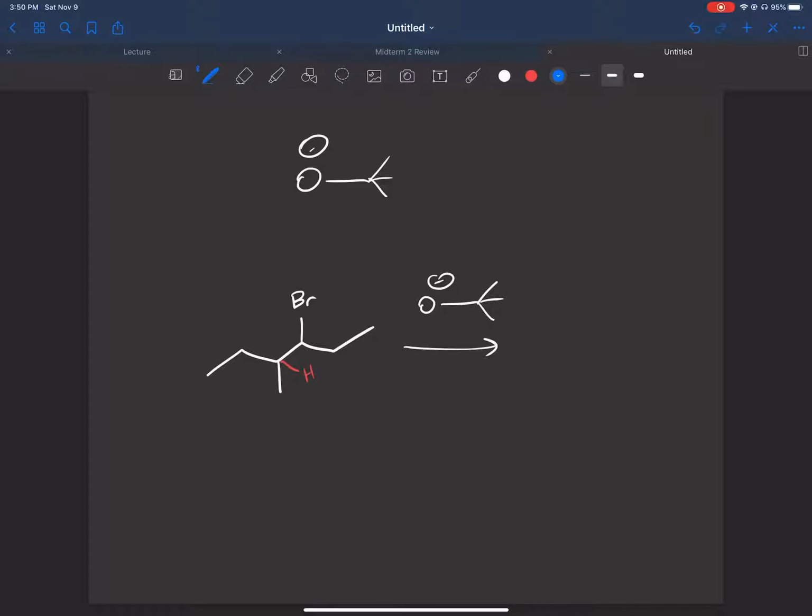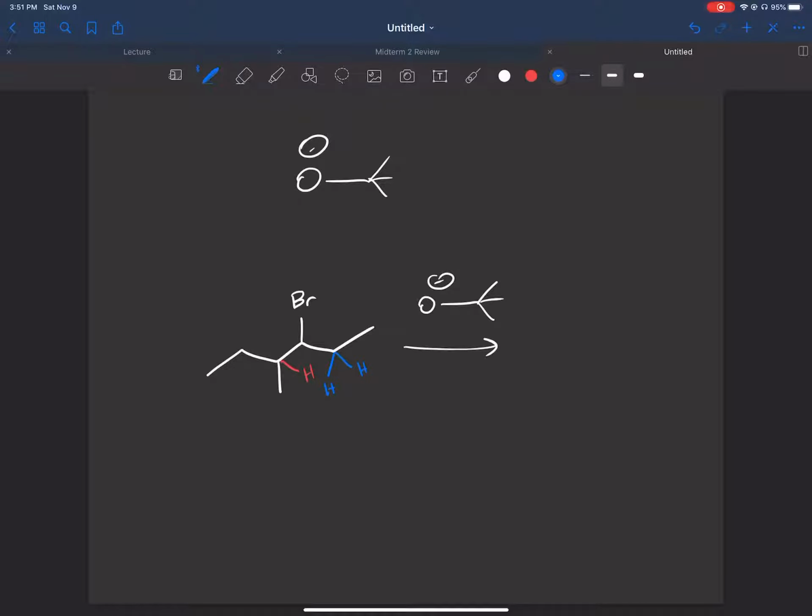Similar to when we looked at SN2, where the nucleophile has a hard time getting to our leaving group, you can think of it in a very similar way for the bulky base E2. Because this is a hindered, bulky base, getting to that one hydrogen is difficult. Instead, it's going to go for one of the hydrogens right over here.